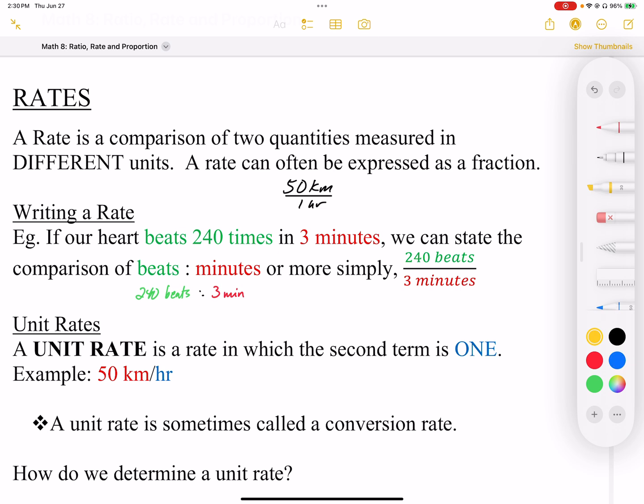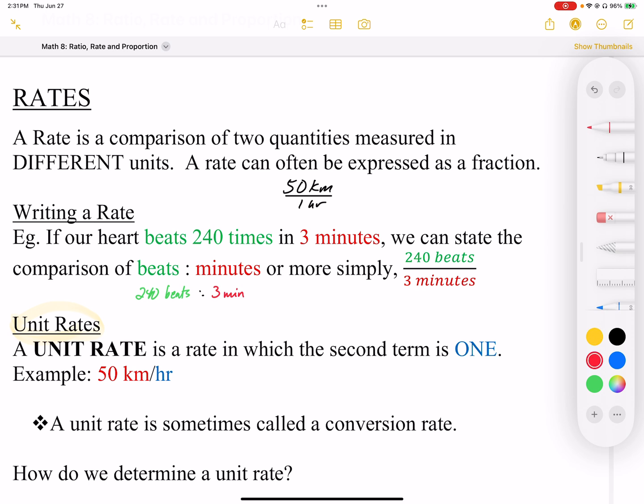And this is what we call a unit rate. Okay, unit rate is when we simplify those fractions. And to simplify those fractions, we want to divide. So a unit rate is one in which the second term is 1. And to get that, we divide.